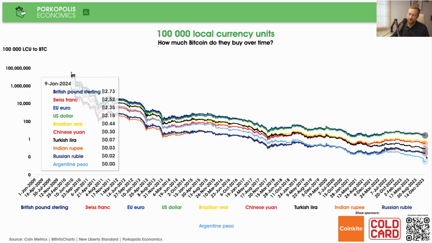Now, 100,000 Russian rubles will get you 0.02 Bitcoin.